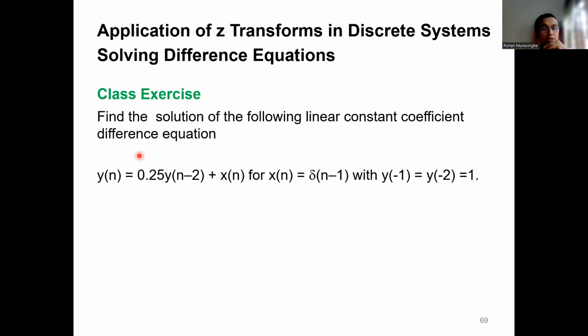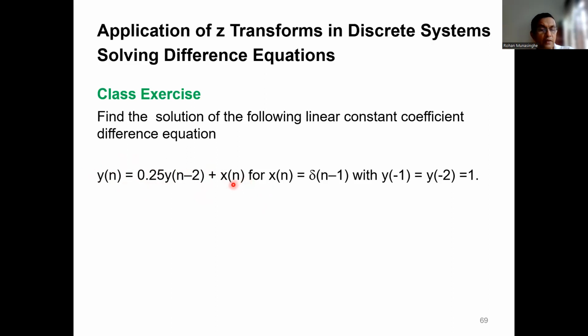We will look at that in the next chapter. But for the moment, remember, this is what is called a difference equation, which is actually coming from a differential equation after linearization, after the discretization part.